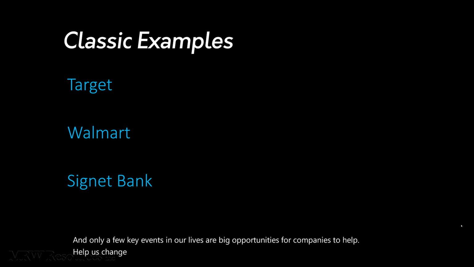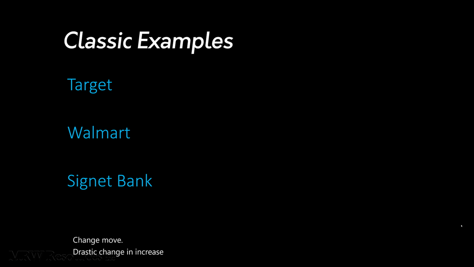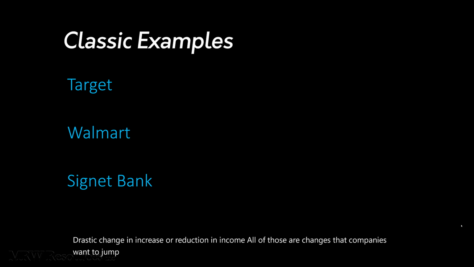So pregnancy or change in your family situation is one, marriage, job change, move, a drastic change in increase or reduction in income. All of those are changes that companies want to jump on and become your habit, if you will, going forward.